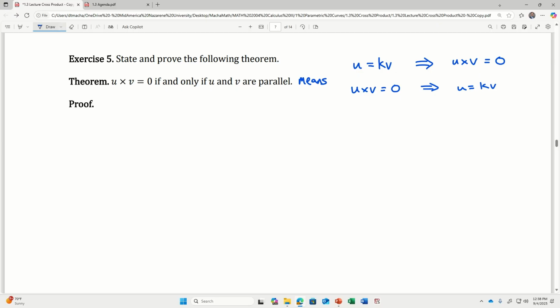If I want to prove this, then we start by saying, remember how (u dot v) squared plus the norm of u cross v squared equals norm of u squared times norm of v squared?